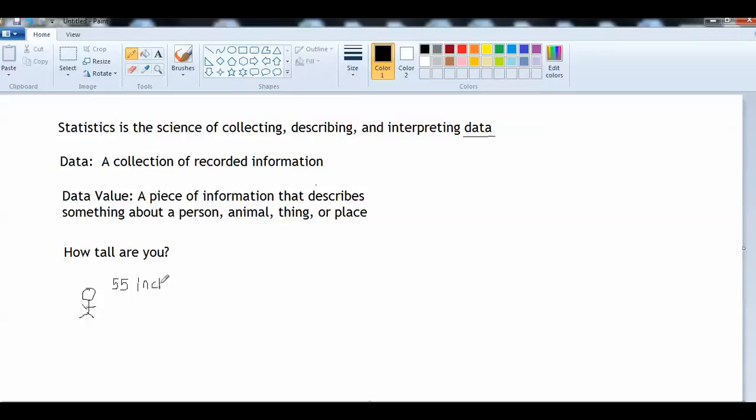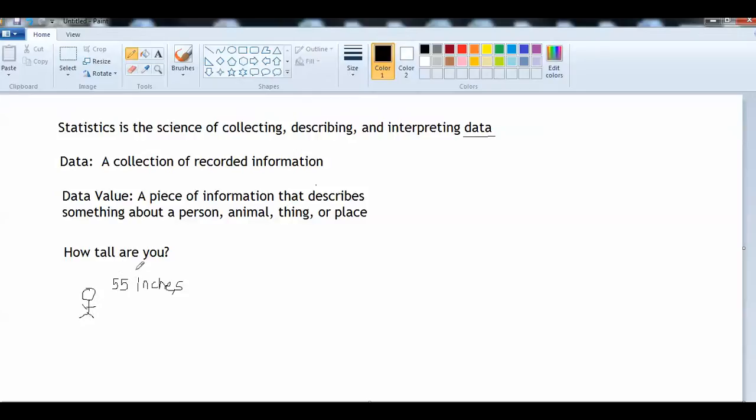That's the person's answer. So in this case, 55 inches is the data value. It's a piece of information that describes something about a person, animal, thing, or place. In this case, it's a piece of information that describes this person right here.